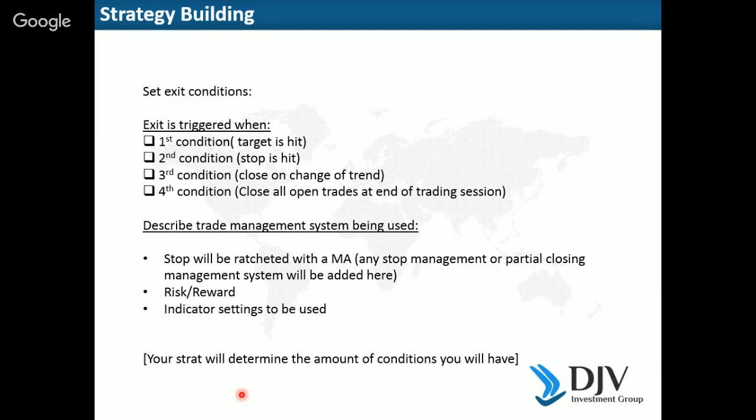If I give you a brand new trading strategy to run with, and all I say is that you're trading with an open target and you have to manage your stop loss by ratcheting it, what are we missing? The question is, how do we manage it? With what do we manage it?